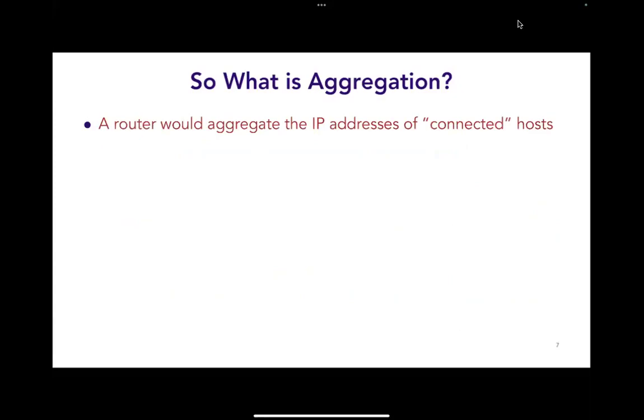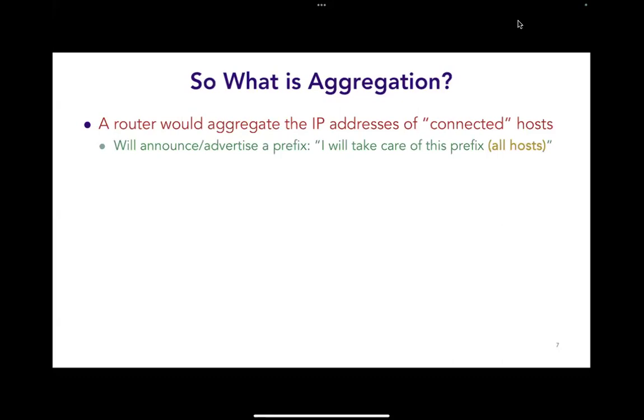A router will aggregate the IP addresses of all the hosts which are connected to itself, if it is possible to do so. Most often it is possible because the IP addresses are hierarchically, geographically distributed. That means all the IP addresses in the local vicinity will have addresses which are in the numerical vicinity of each other, such that they can be aggregated.